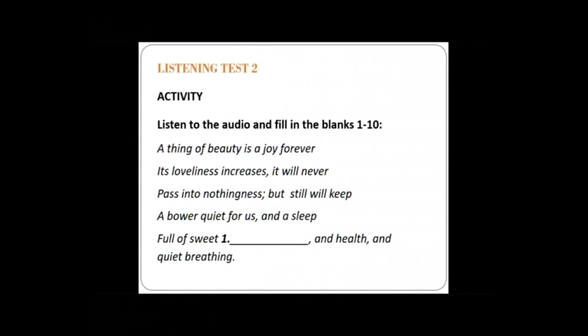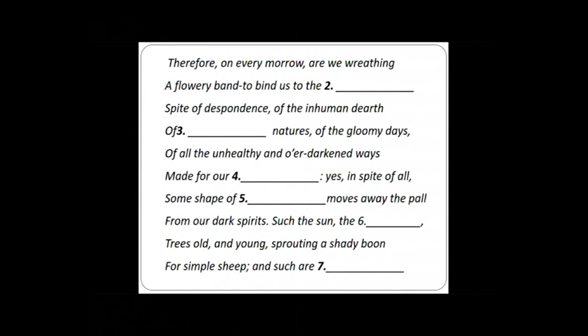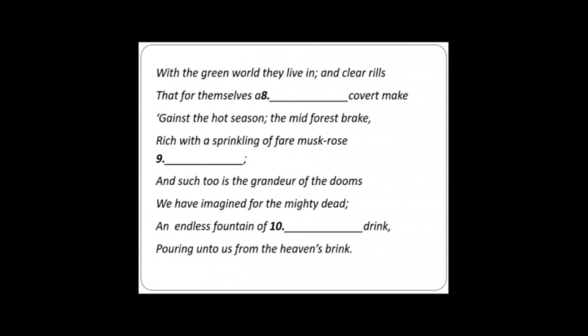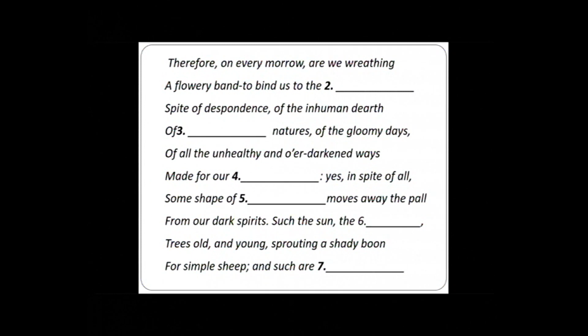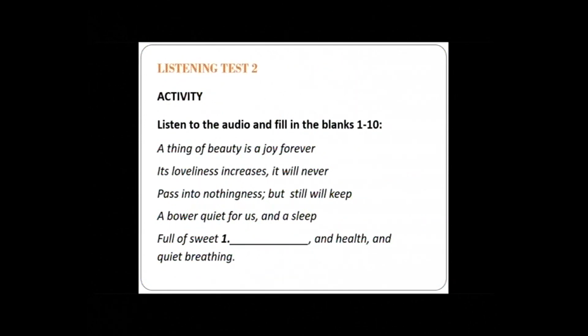Just quickly go through the question paper, then listen to the audio. So this is the question paper. So I hope you are ready. Now listen to the audio and fill in the blanks 1 to 10. The poem is A Thing of Beauty is a Joy Forever.